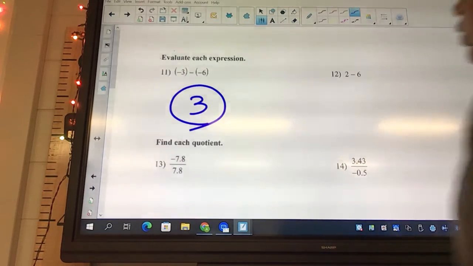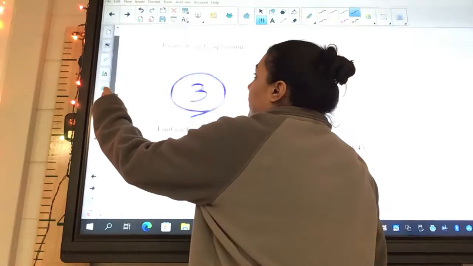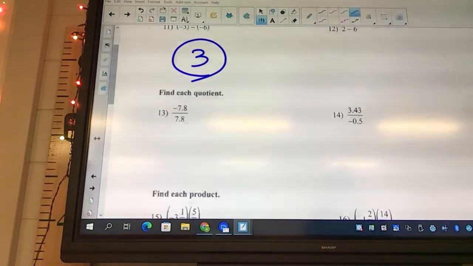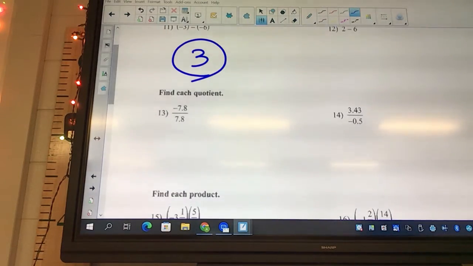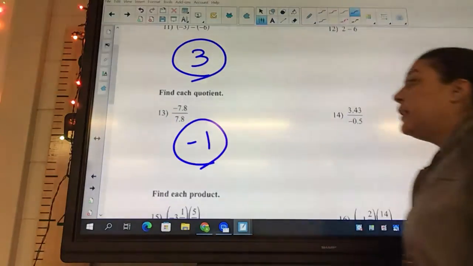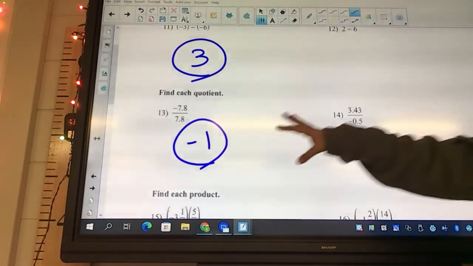Okay, find each quotient. What's quotient mean? It means divide. Okay, and it's the answer to a division problem. So -7.8 divided by 7.8. It's -1. Okay, the one thing I'm going to tell you, so I gave you a decimal problem.